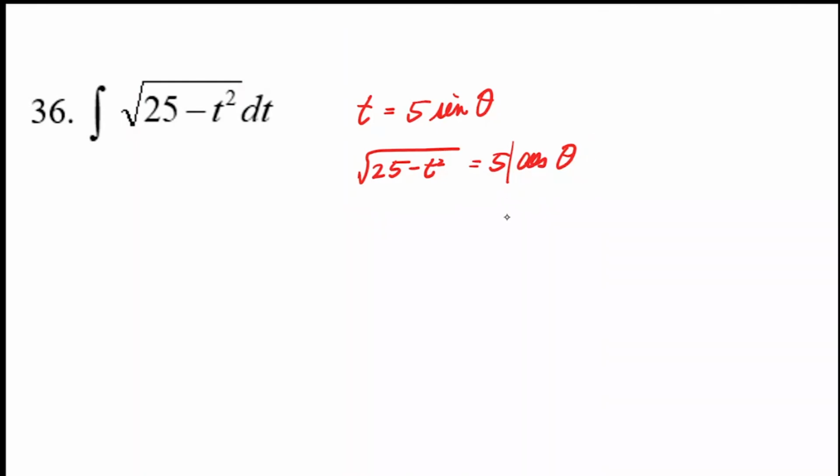So we don't need this. Okay, and we still need dt. So dt is equal to 5 cosine theta d theta. Good? You with me? Okay, so then this thingy becomes, this time we have this times this, right?